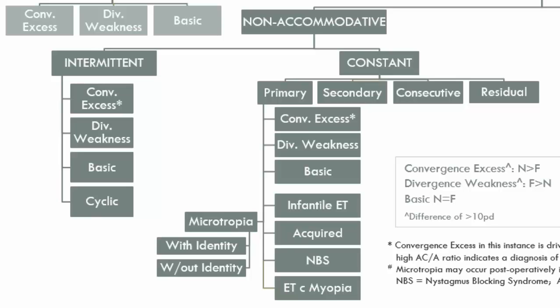As an example, you might have a patient with an infantile esotropia who has a 50 diopter esotropia. They will have an operation and the patient will remain with a residual esotropia, but they develop a microtropia. We'll talk more about this later, but it is worth noting that the microtropia can occur post-operatively and is not always primary in nature.